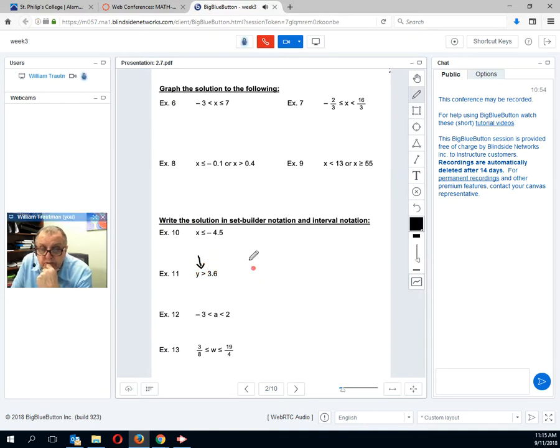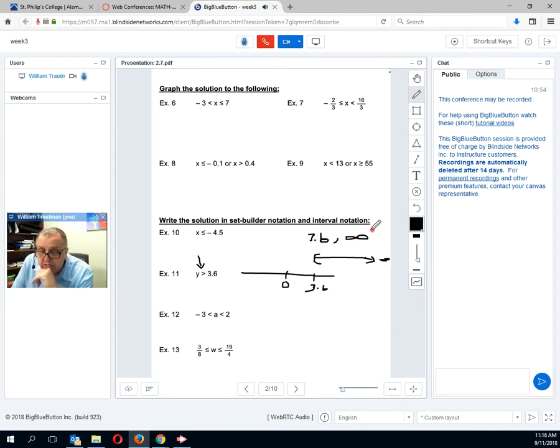Y is greater than 3.6. So if I do my number line, here's 0, here's 3.6. Y is greater than 3.6. There's no equal sign, so we use a parentheses. So the leftmost number here, if you look at the graph, is 3.6. The right number way over here is positive infinity.